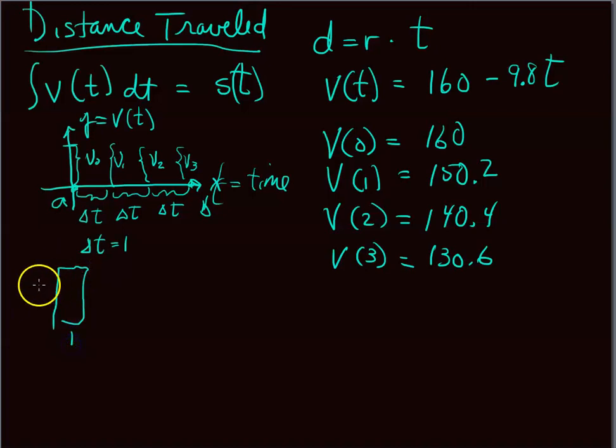We'll use 1 second and the 160, then 1 second and the 150.2, then 1 second and the 140.4, and 1 second and the 130.6. We can figure out all that stuff because we just have to add those up. When you add them up, you get a total of 450.6.